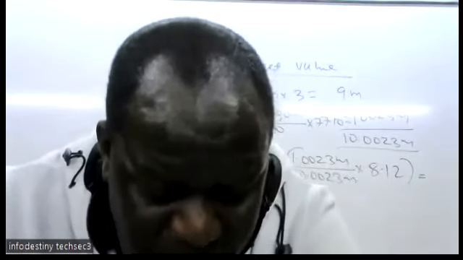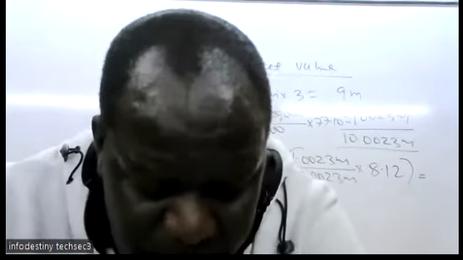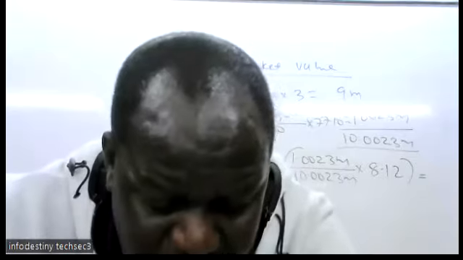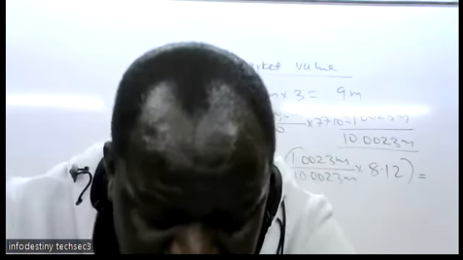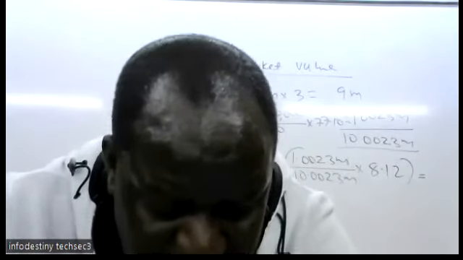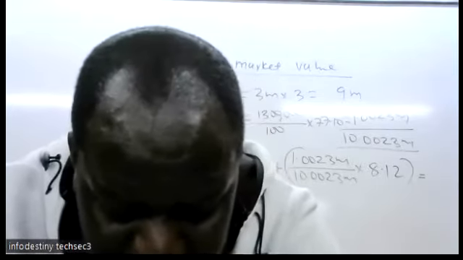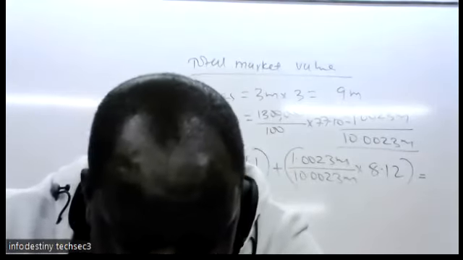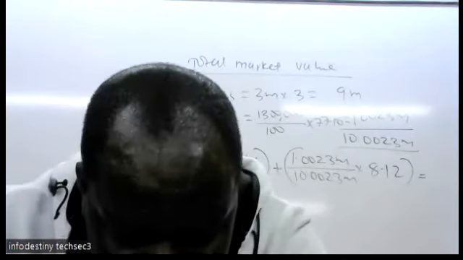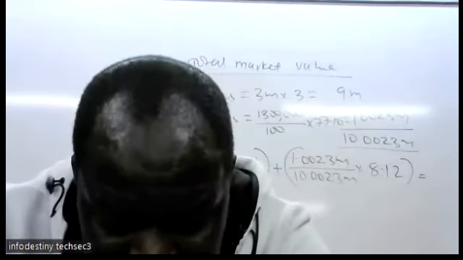Note number 2, the firm paid a dividend of 5 per share in the just ended year. Note number 3, the firm adopts a 60% dividend payout ratio. Note number 4, return on equity is 20%.